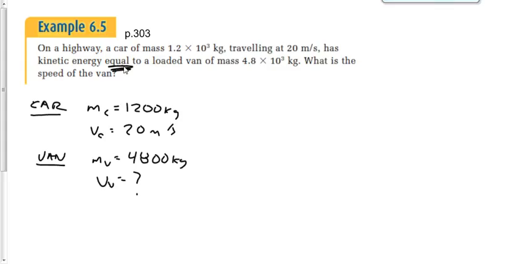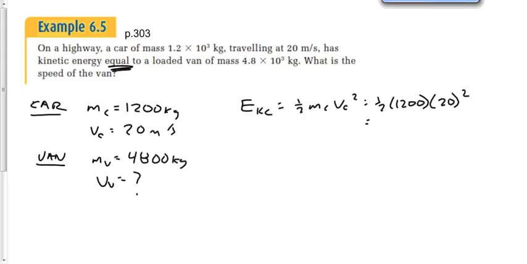They're telling me the kinetic energy is the same, so let's get the kinetic energy of the car, and then let's set that equal to the kinetic energy of the van. One half of 1,200 times 20 squared. I think it's 240,000 joules. Not a final answer, so let's not round it yet.